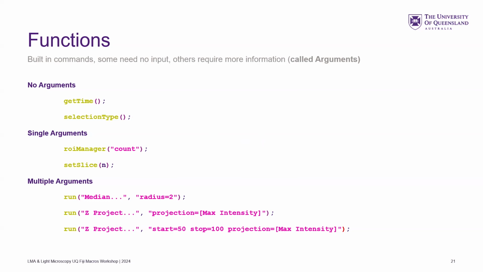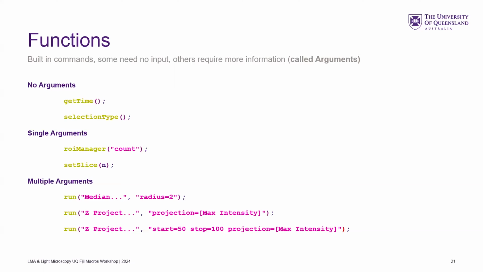Same with selection type. That'll tell you what kind of selection the user has drawn or you yourself have drawn. So if you wanted to know, is it a square that's been drawn? Is it a freehand, a line? You can query it, and that will return a number. Like 0 is no selection, 1 square, 2 circle, etc.